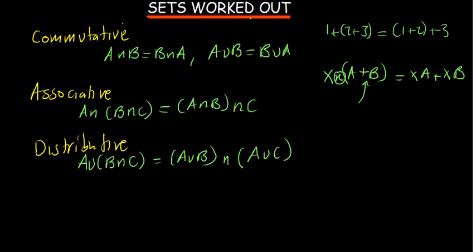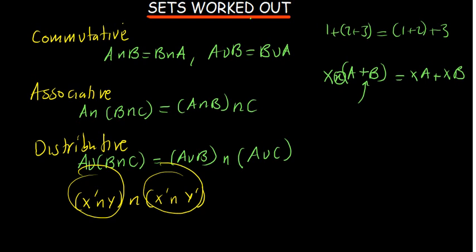Meaning that if they've given you something like X complement intersection Y, and then intersection X complement intersection, let's say Y complement. So you need to look for what is common between this part and this part. So in this case, you can see that you've got X complement here, and also X complement here.